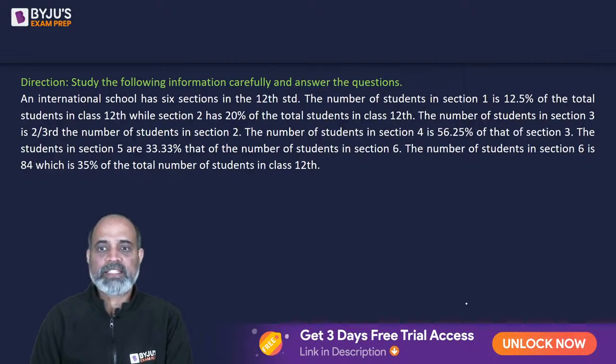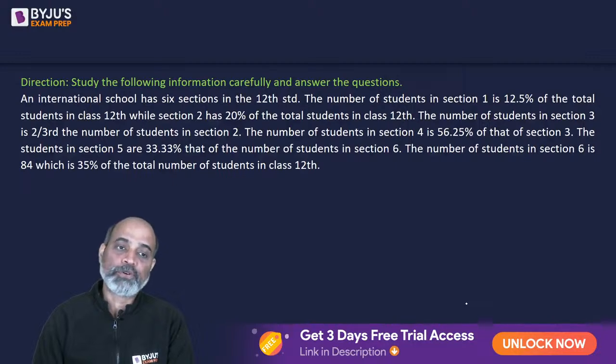The number of students in section 3 is 2/3 of the number of students in section 2. The number of students in section 4 is 56.25% of that of section 3. The students in section 5 are 33.33% that of the number of students in section 6. The number of students in section 6 is 84, which is 35% of the total number of students in class 12th.